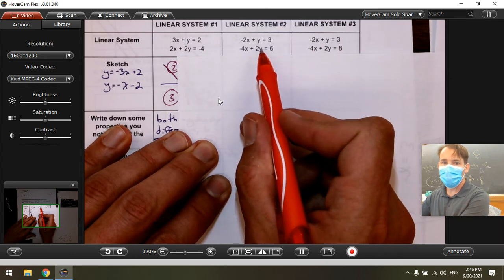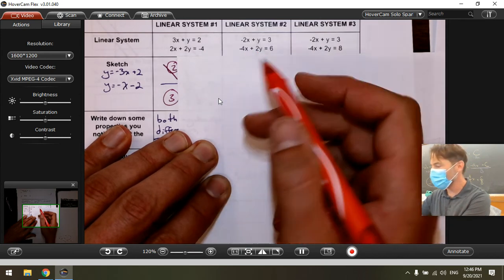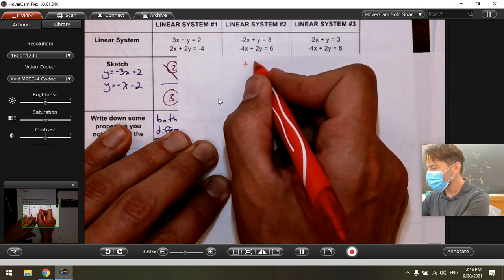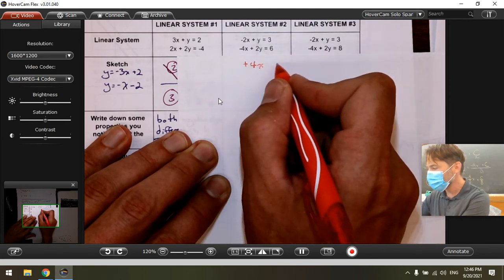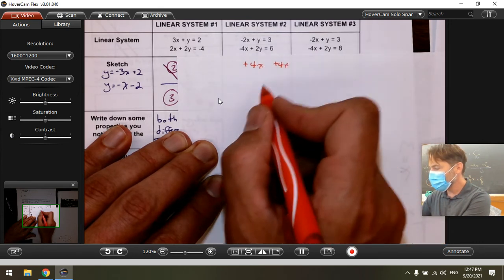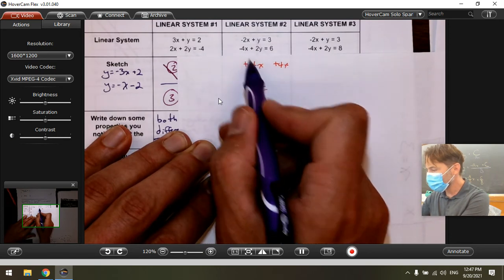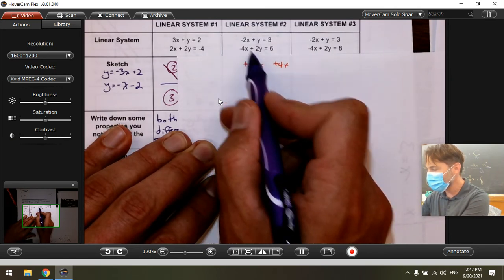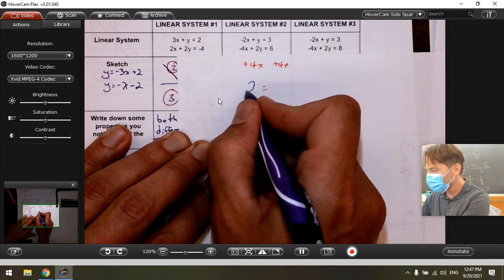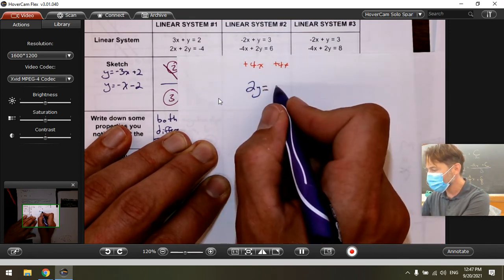I notice that I want y alone, and I'm adding negative 4x, so I'm going to do the opposite of that. I'm going to add 4x to both sides. Now I bring the equal sign down, and negative 4x plus 4x is 0. Now 2y is equal to 6 plus 4x.